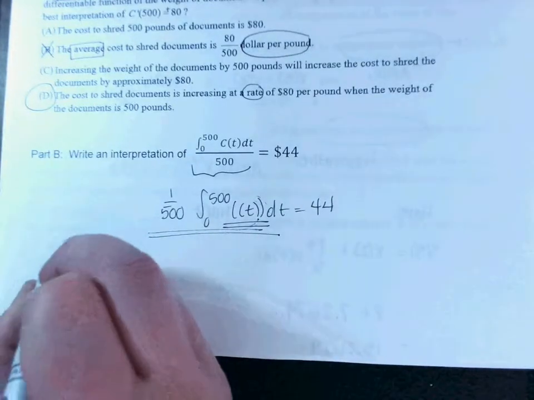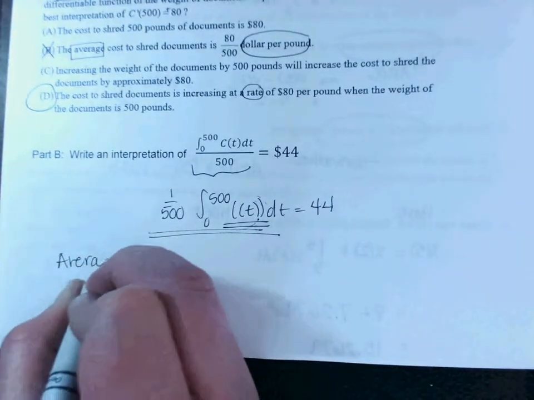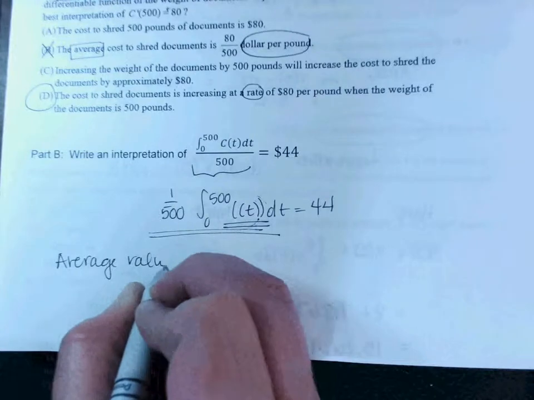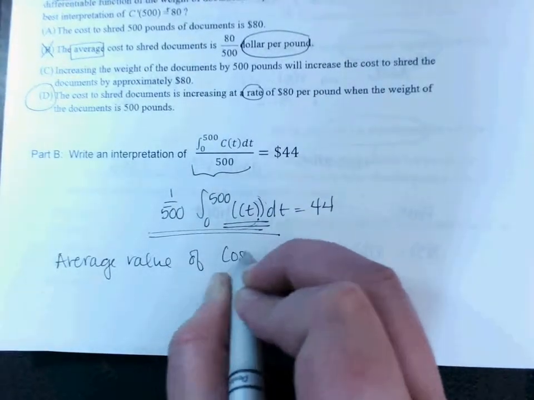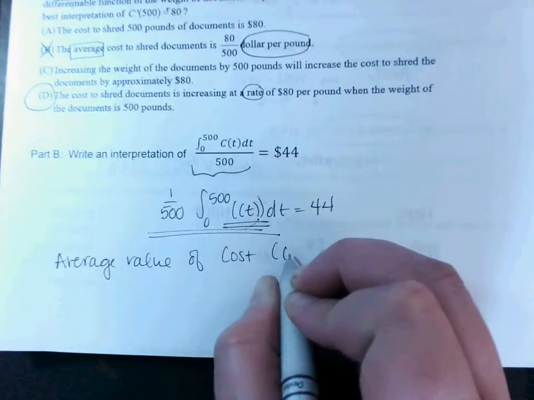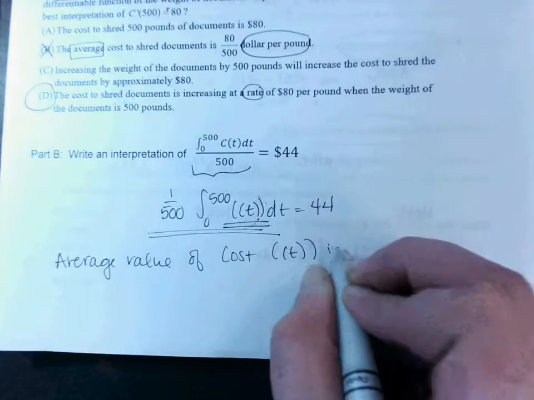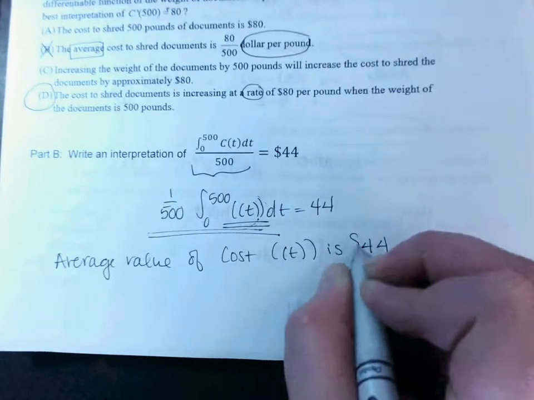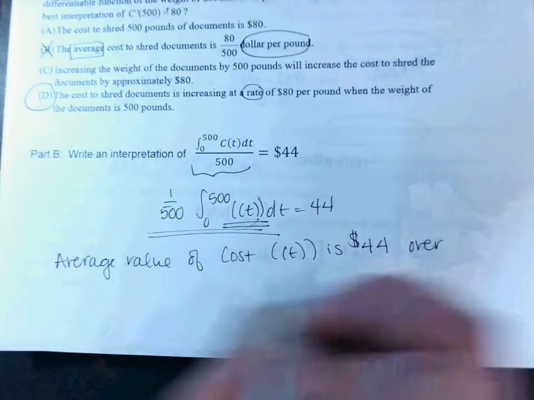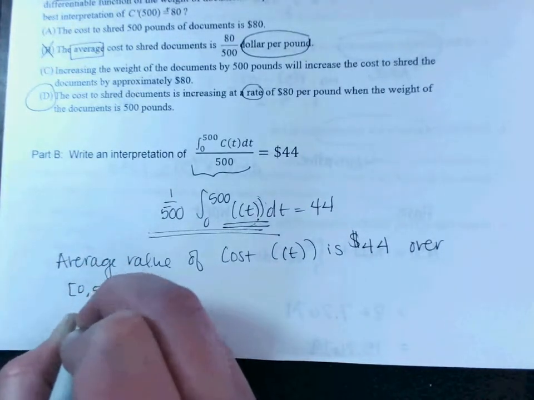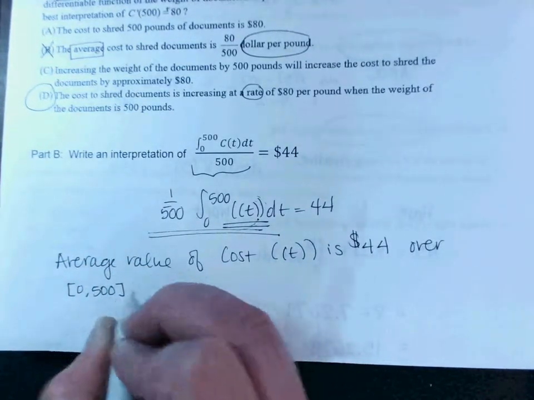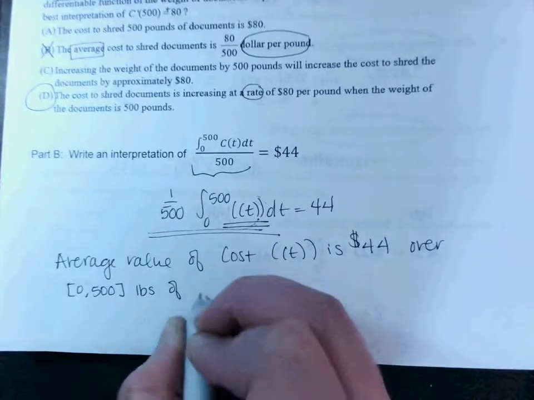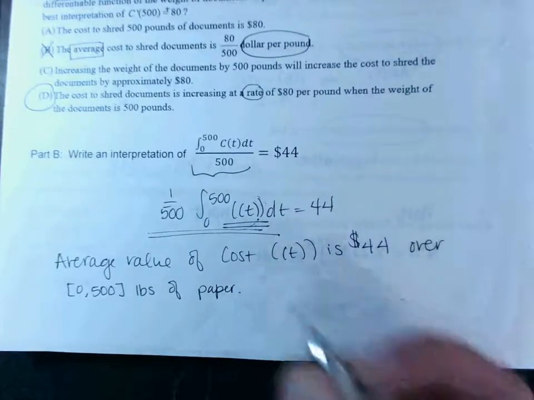So we would say the average value of the cost function, C of t, is $44 over 0 to 500, and then that's measured in pounds of paper.